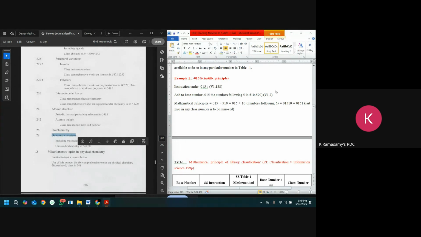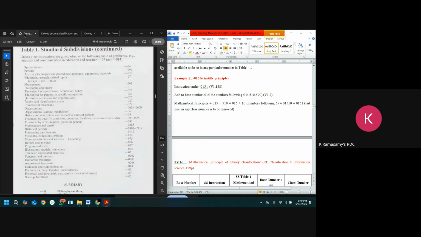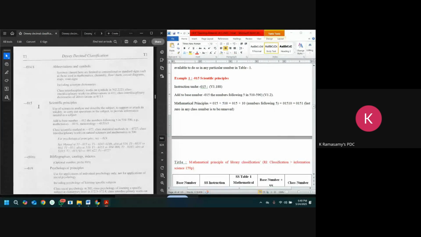After 5, whatever number occurs, that number can be added to 015. Okay, fine. That is how one SS can be further extended. If you want, I'll show you, because you might have forgotten. I'll just show you. See, this is 015 scientific principles. It's given here.